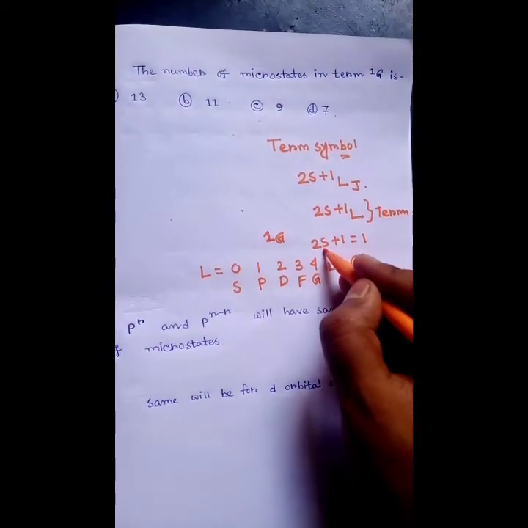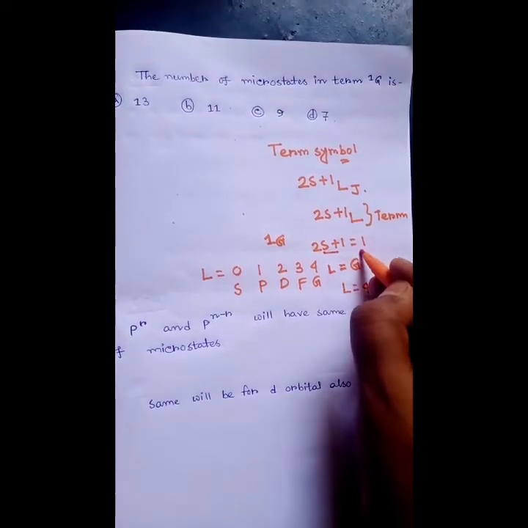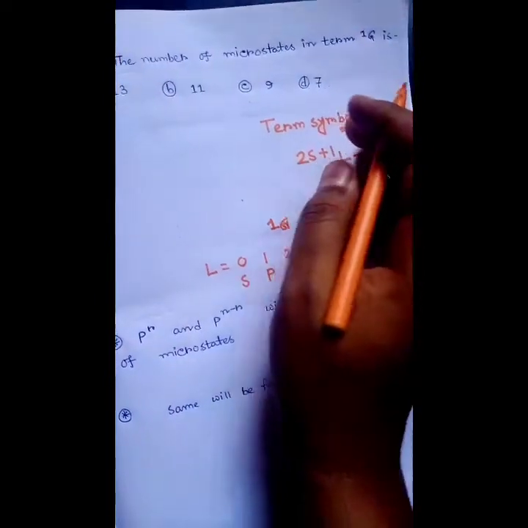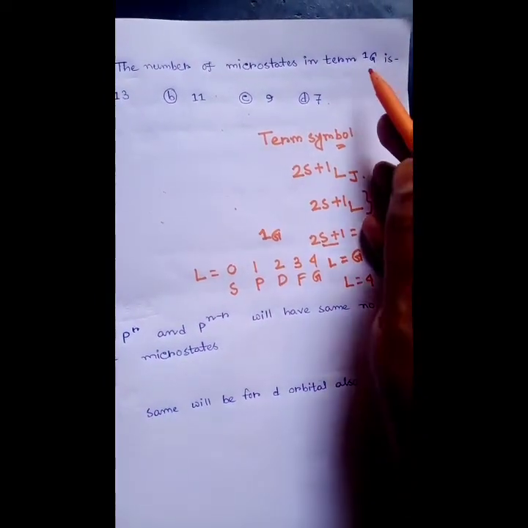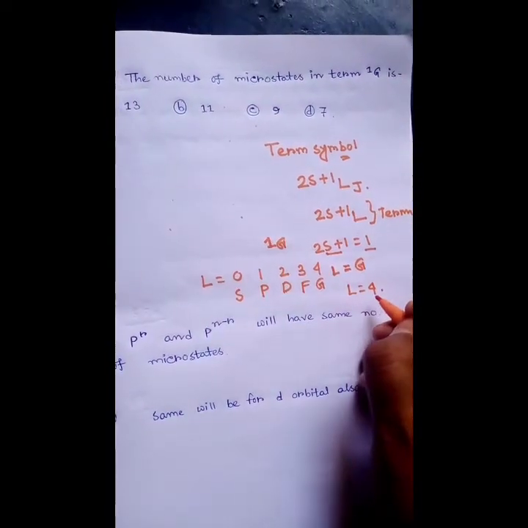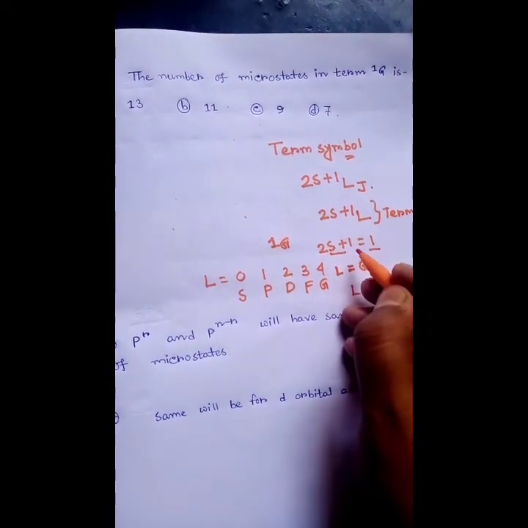And the value of 2S+1 is 1. So in this term 1G, the value of L is 4 and the value of 2S+1 is 1.